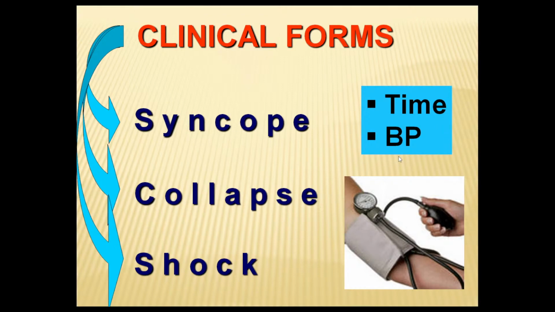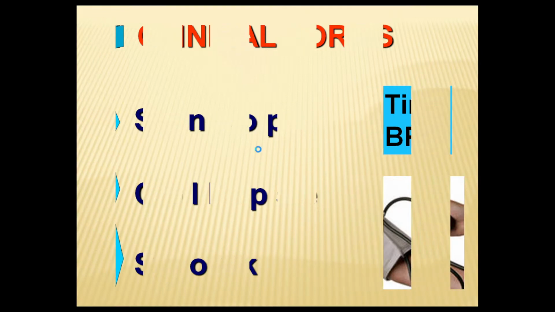If you remember the preceding slide, the pathogenic process finishes with decreased blood pressure. The objective sign of vascular failure is decreased blood pressure. Depending on time of appearance, we distinguish each clinical form. Let's see. Syncope.